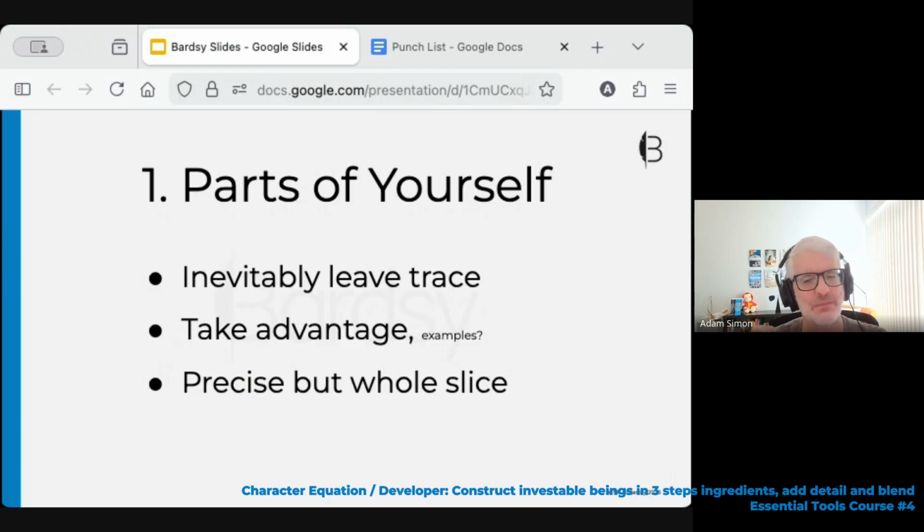The character is partially us, or more accurately, part of us is in that character. So we have to choose consciously and very carefully what parts of us we are going to put into our characters. And then we need to take that whole slice. And I'll talk about this more when we talk about reference. So think about who you are and who the character is. Think about that intersection very precisely and make sure those elements are in that character and no more.